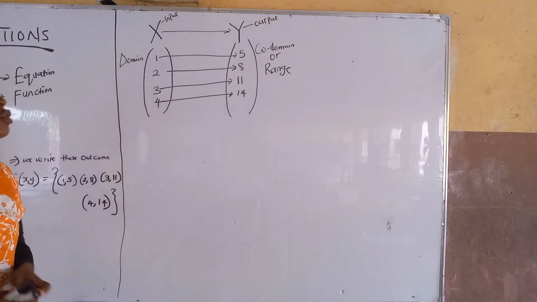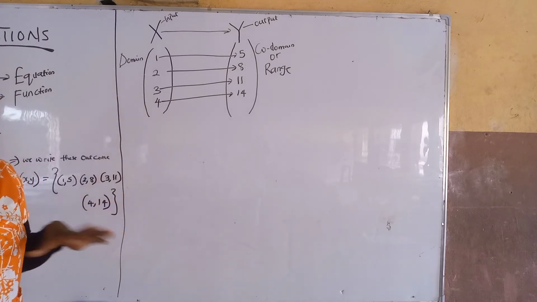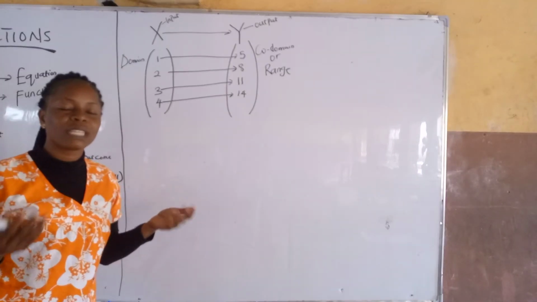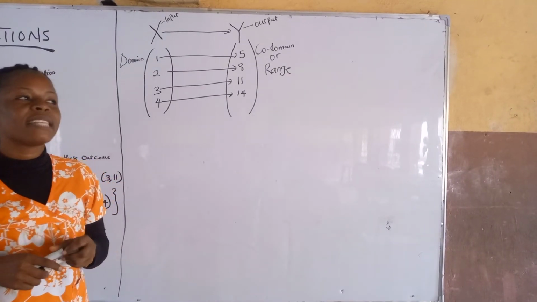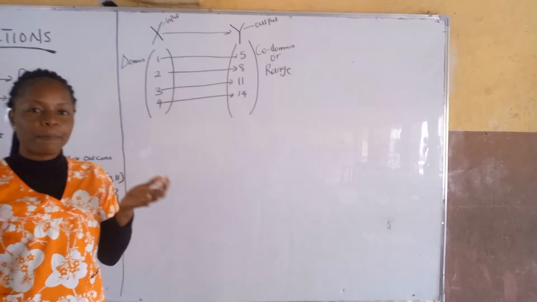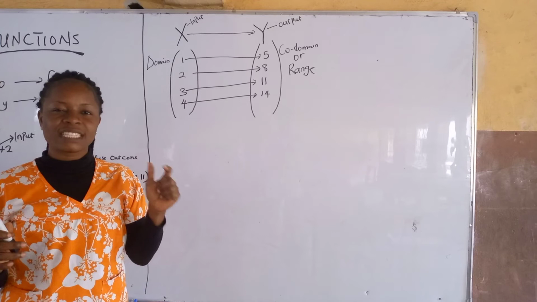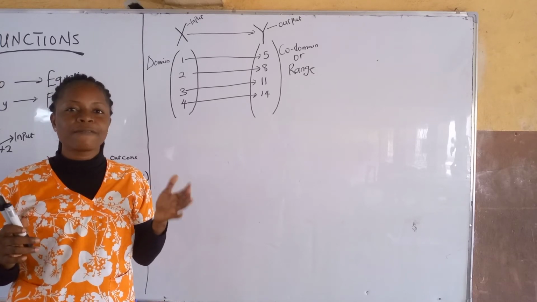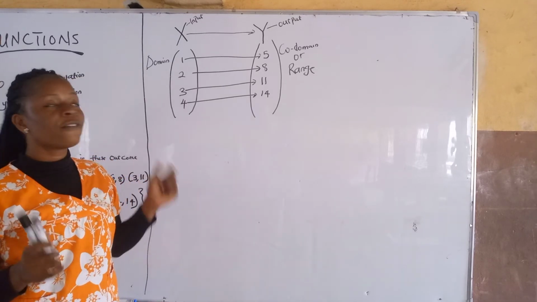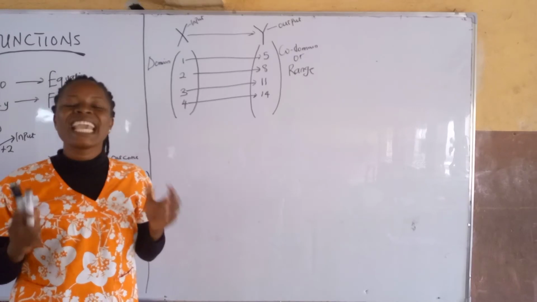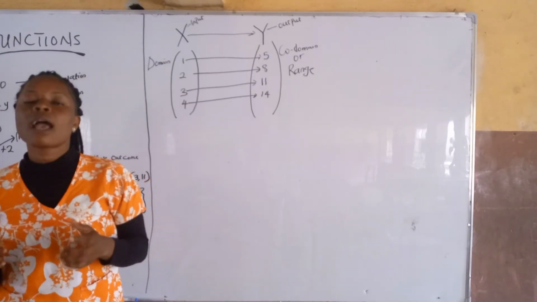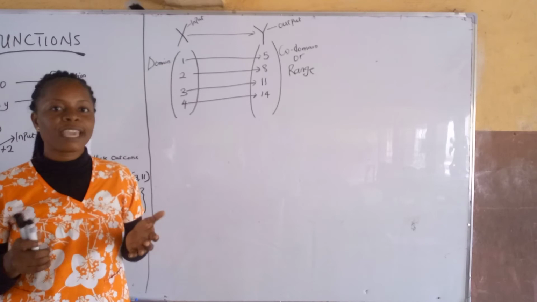A function. So now, what is a function? Let's define it generally mathematically. We can say that a function is a set of ordered pairs in which no two distinct elements have the same first entry.